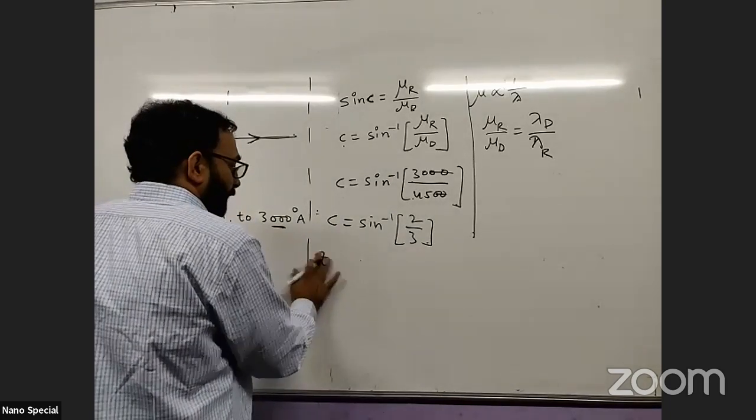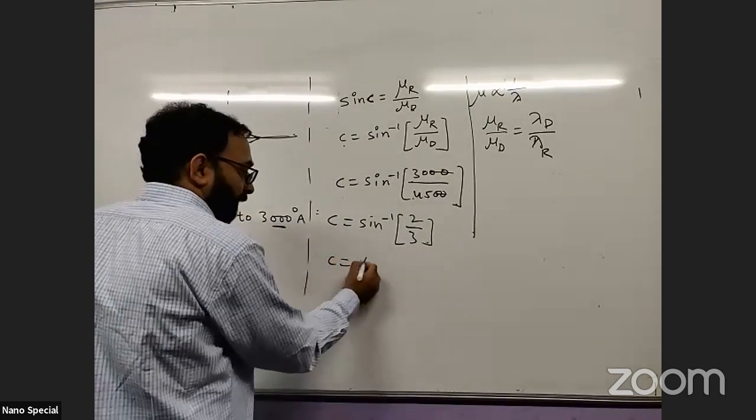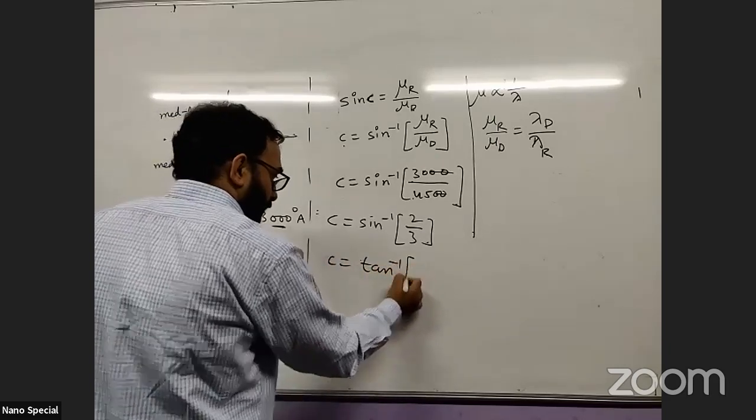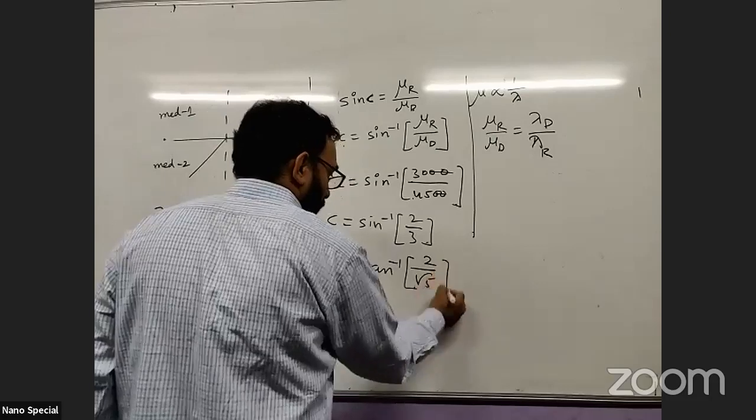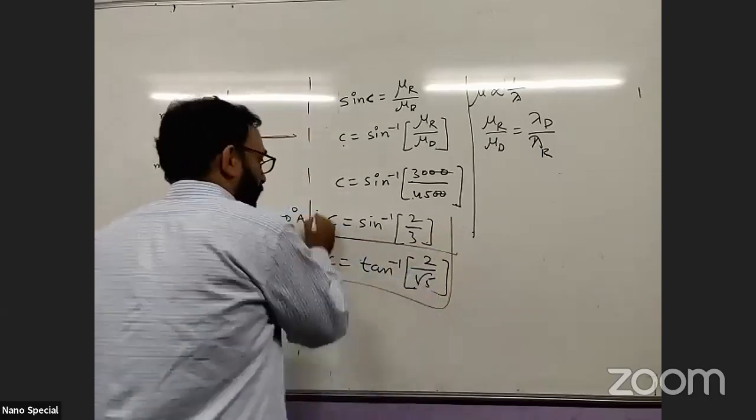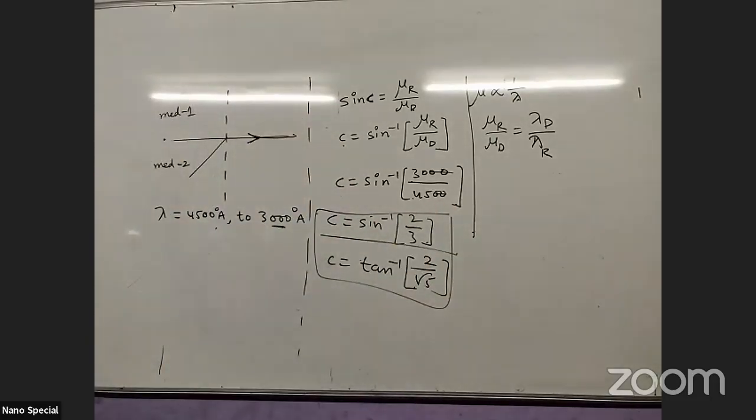Or in terms of tan, if the options are given in terms of tan inverse, C is equal to tan inverse of 2 by root 5. These are the possible answers. You can put forward your doubts if you have any. Rishita, done.